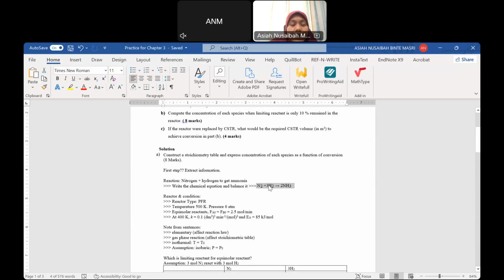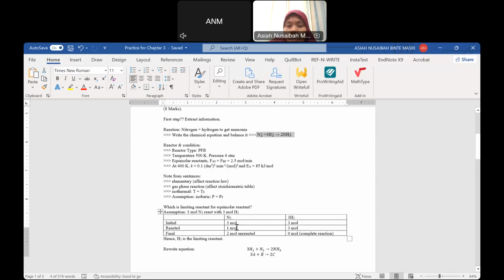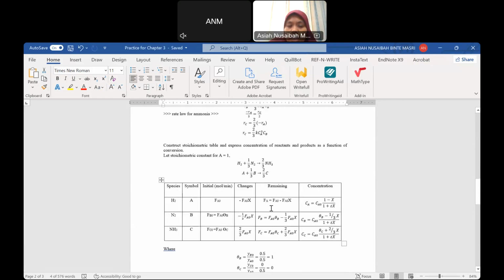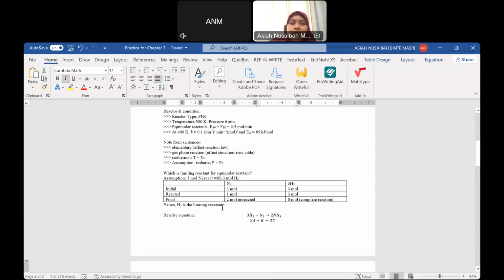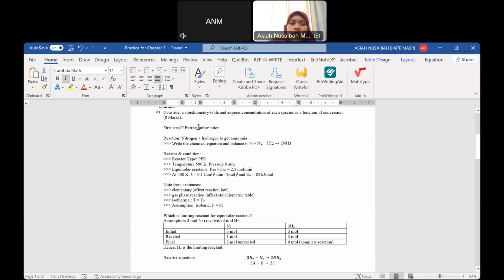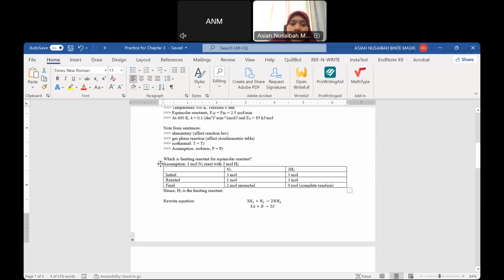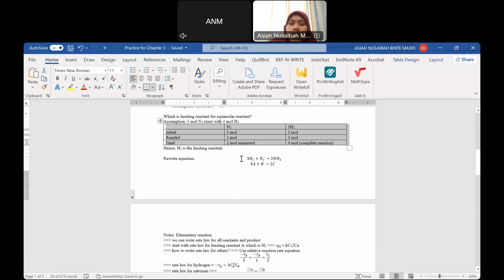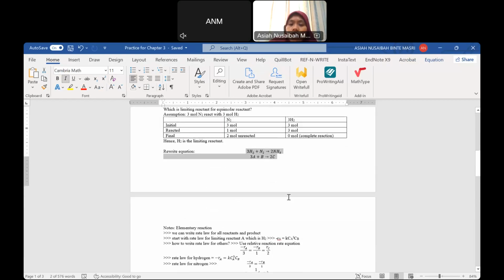If you didn't balance it, it actually affects your stoichiometric table, because it will involve the stoichiometric coefficient. So remember, if you are stuck, just translate all the information into useful new information.